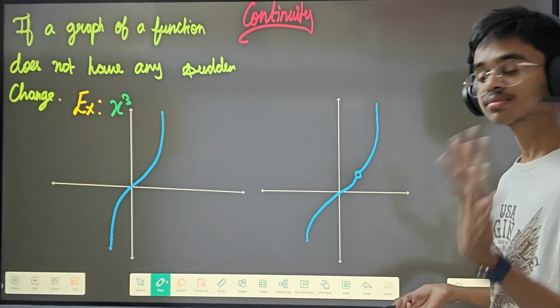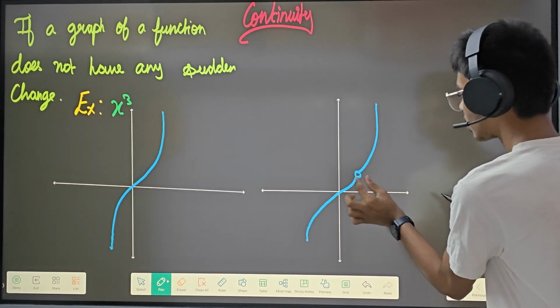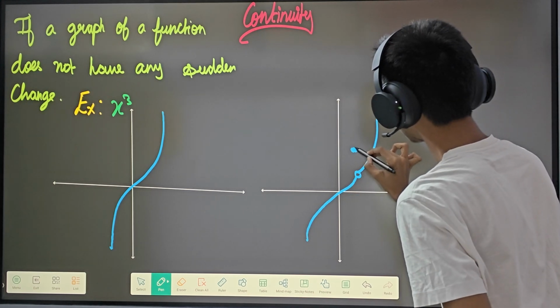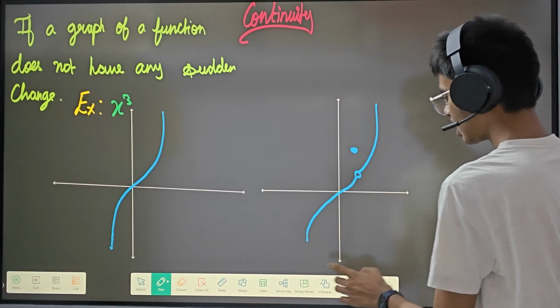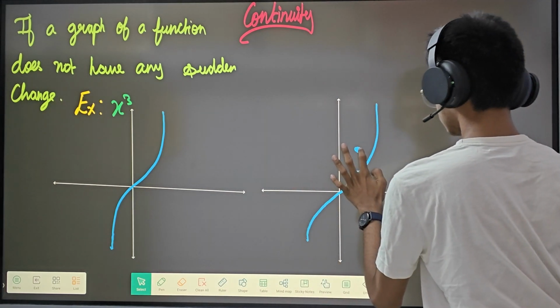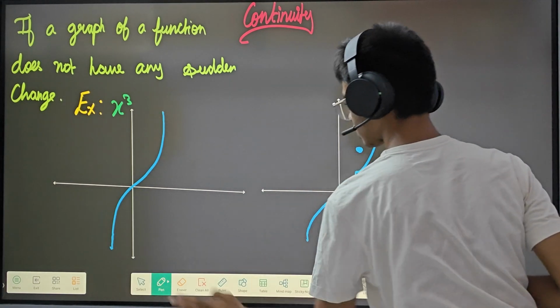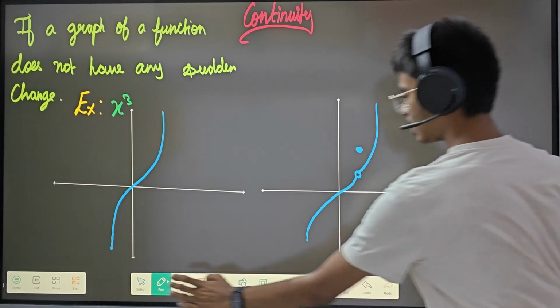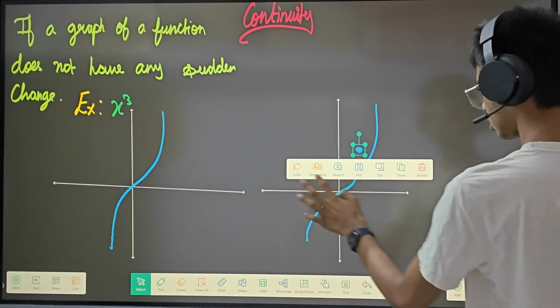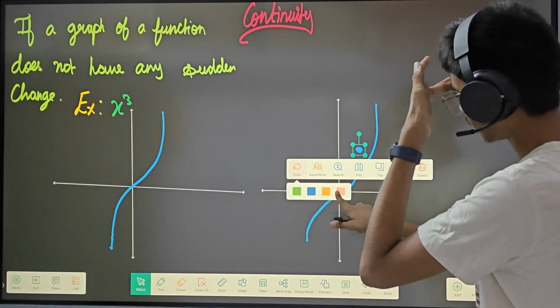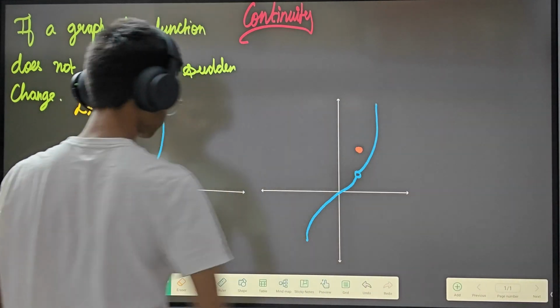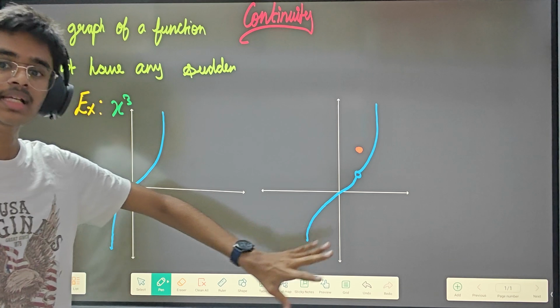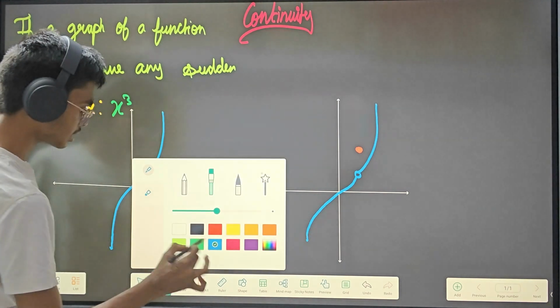Okay, let us take that this point is over here. The point which should be over here is actually here. I will give a different color so that you can differentiate. Here it has a sudden change.